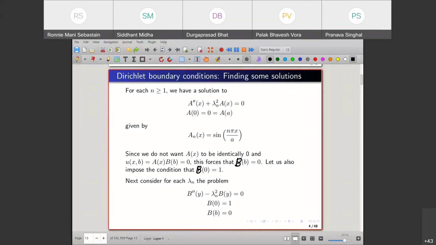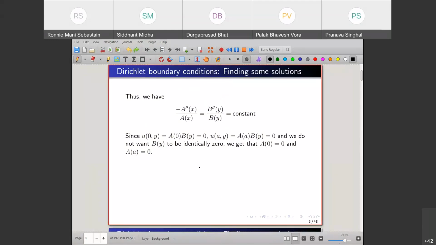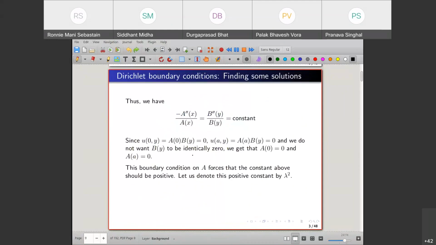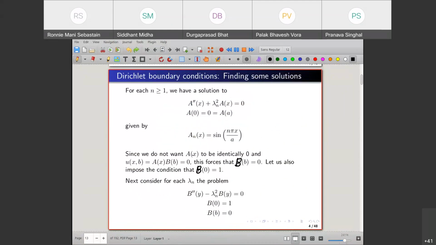So now we go back to this condition. The only values of lambda for which this has a solution are lambda n equal to n pi by a.